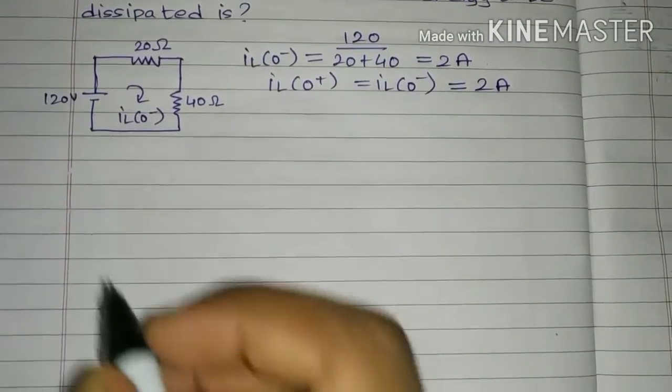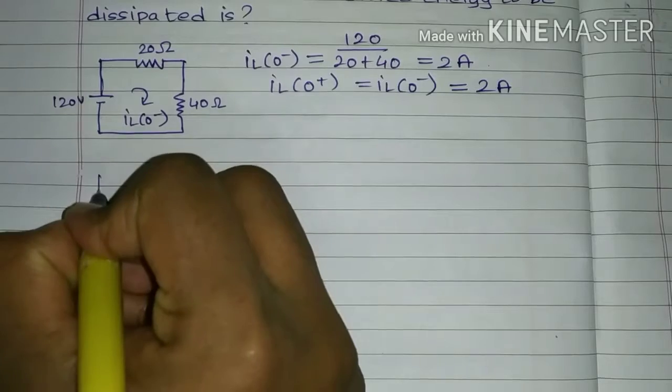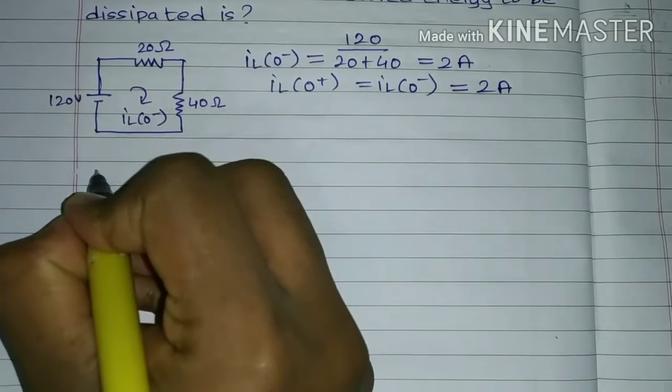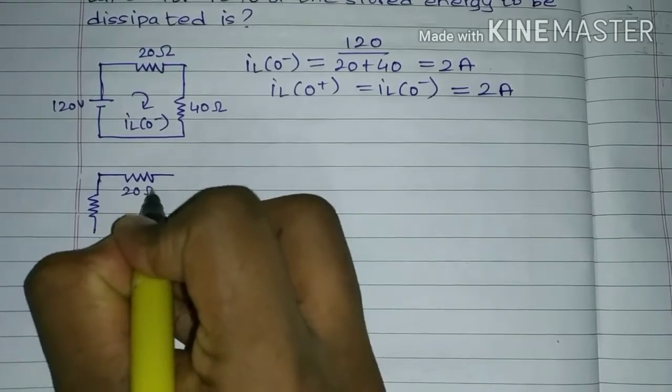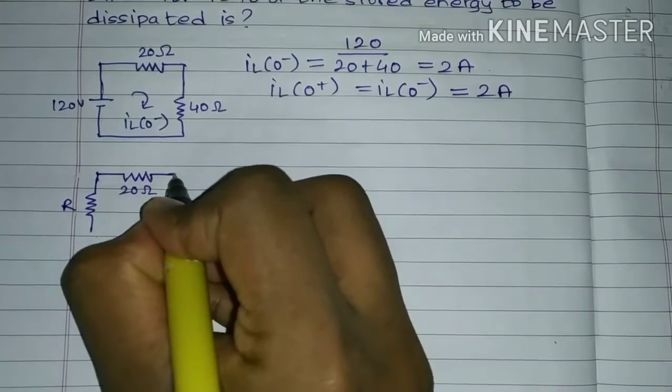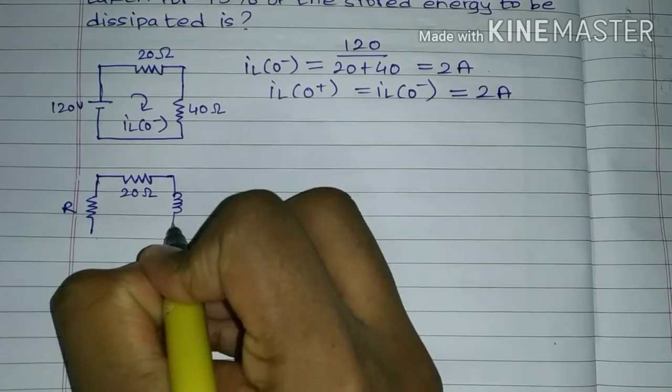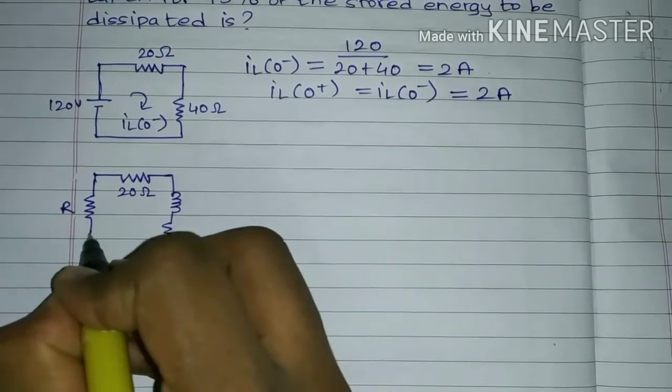Now let's draw the circuit at t is equal to 0 plus, which consists of the resistor R, 20 ohm resistor, and the coil, which consists of a 10 Henry inductor and the 40 ohm resistor.